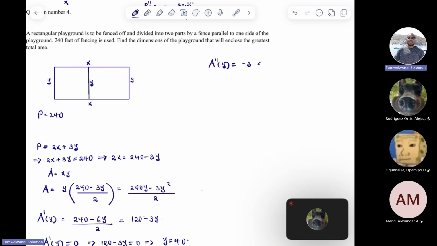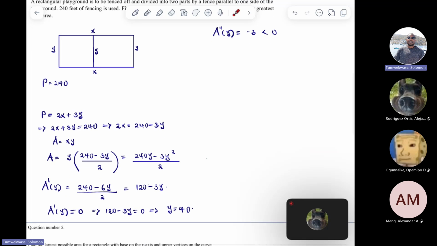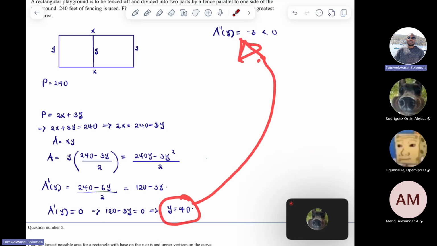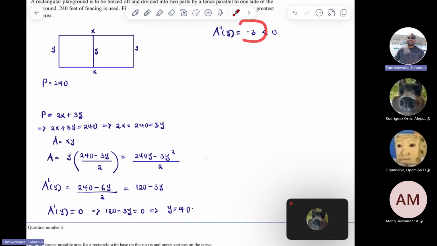And negative 3 is always less than zero, therefore for the point y that I find here, when I substitute it there, I always get a negative. We can say that this 40 is no longer just a local maximum, but rather an absolute or global maximum.